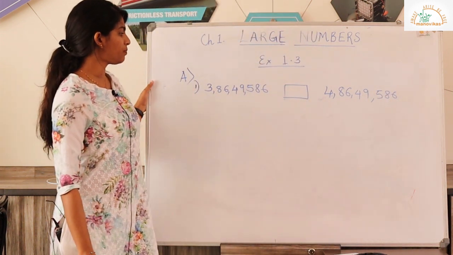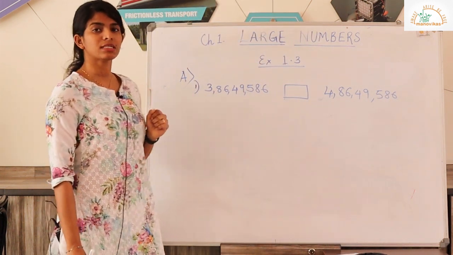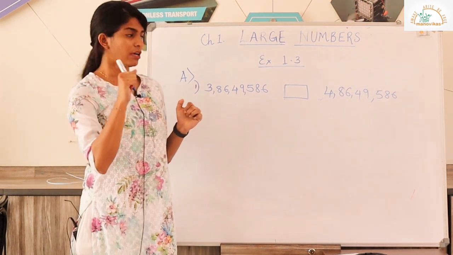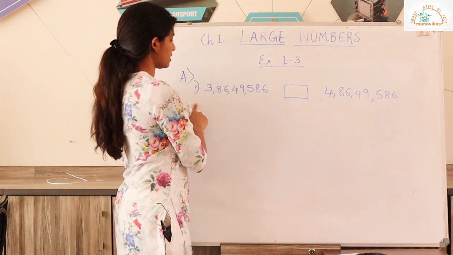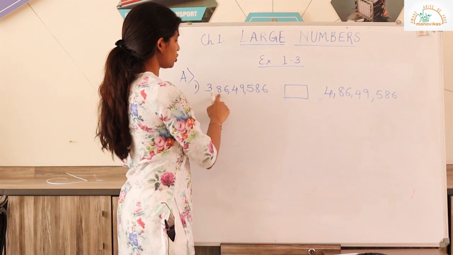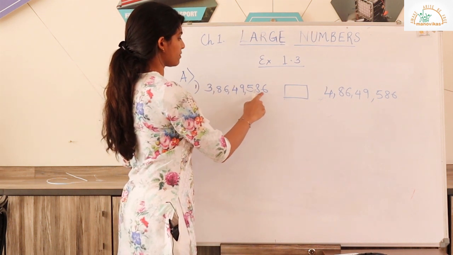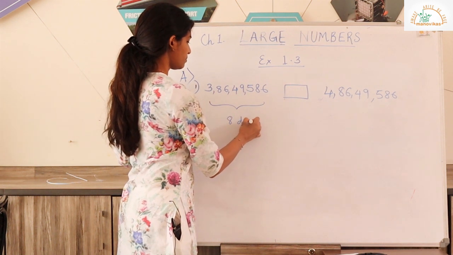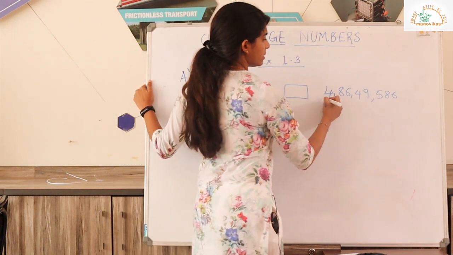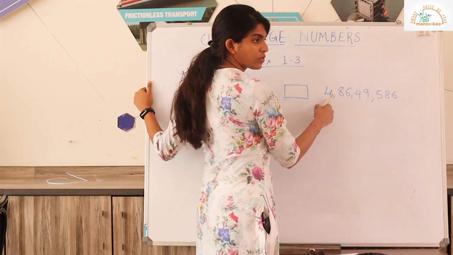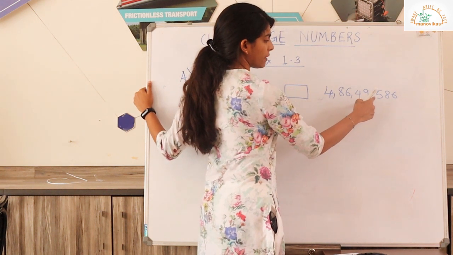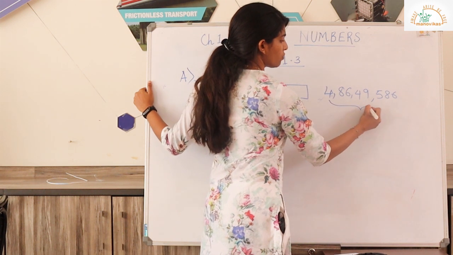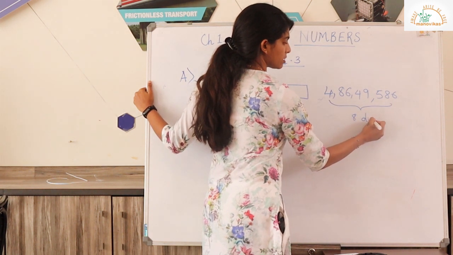Look at this number. Now can you find out which number is greater? Yes. First we will count the number of digits here. So let's count 1, 2, 3, 4, 5, 6, 7, 8. So here there are 8 digits. Next we'll count the number of digits over here. 1, 2, 3, 4, 5, 6, 7, 8. Here also we have 8 digits.